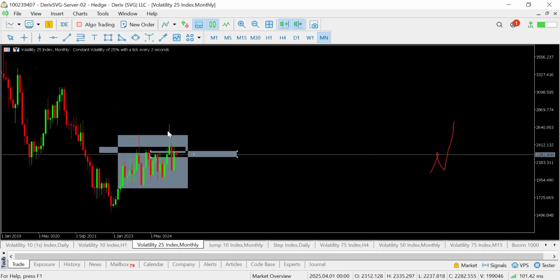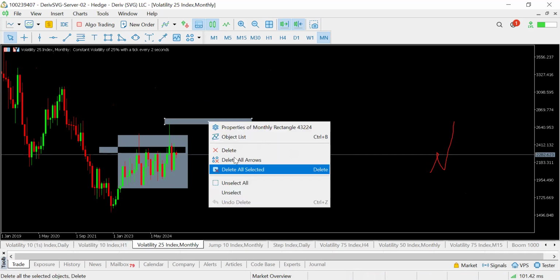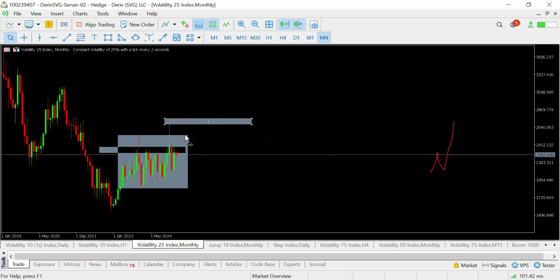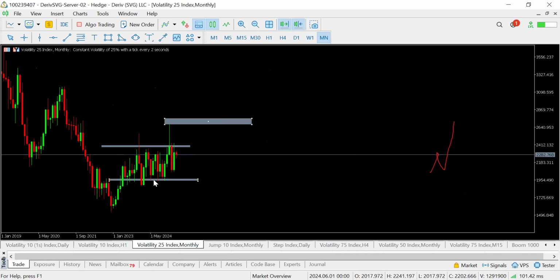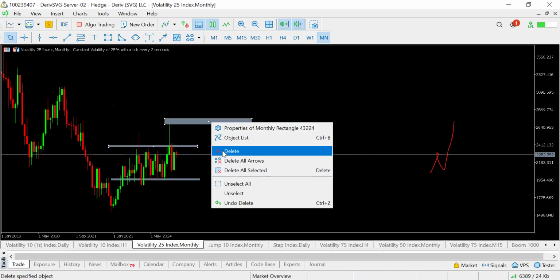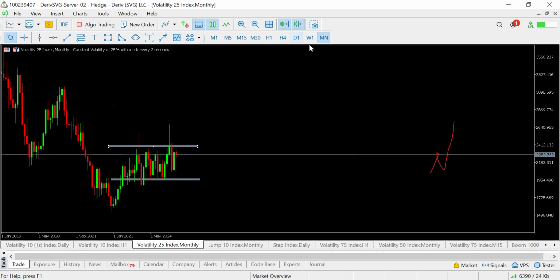So it had failed to break out from this range for a very, very long time. So just to make things easier for us, let's map the top and the bottom of the range to know that we're not dealing with a trending market. Even if it's in a downtrend, there's a range within the downtrend.